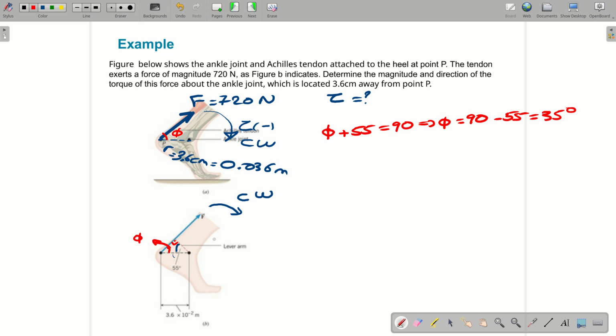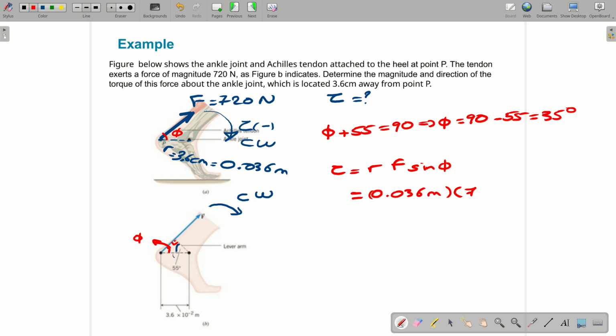After I find that, I'm going to calculate my tau as r times F perpendicular. I'm skipping that; I'll always say r F sine phi if I have a phi. If F is perpendicular, it will simply be r times F. Distance to the pivot point is 0.036 meters.